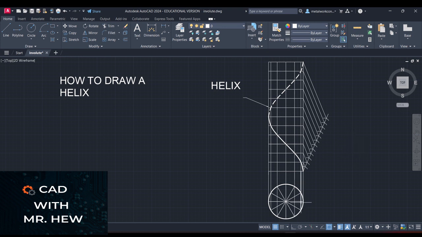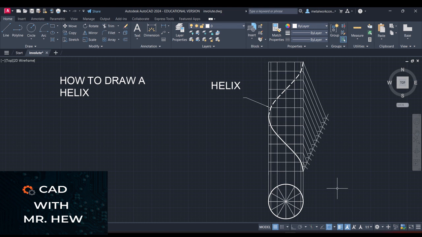And we started off with the circle and the rectangle to represent the front elevation of the construction principle that's needed for the helix. So this brings us to the end of today's video. In today's video, we looked at how to construct a helix.